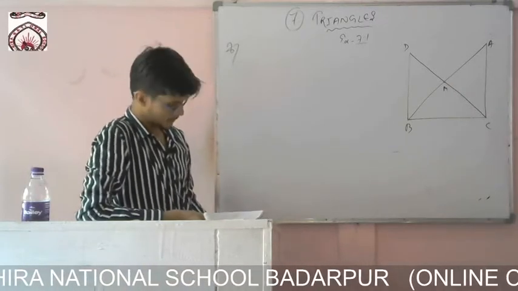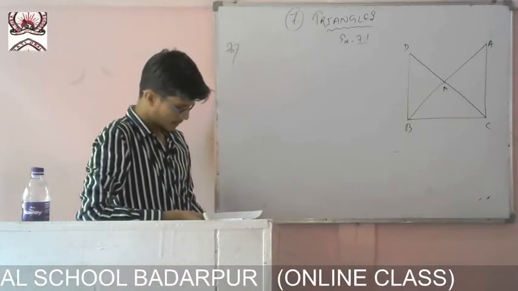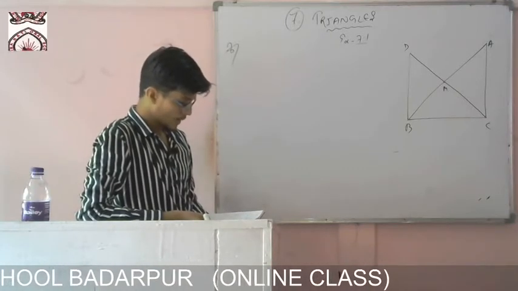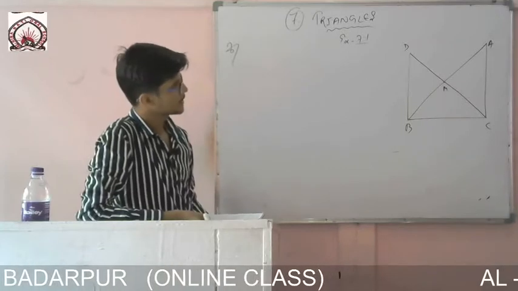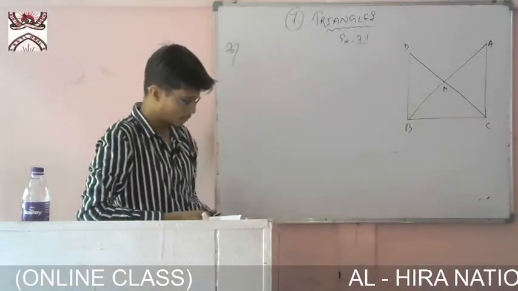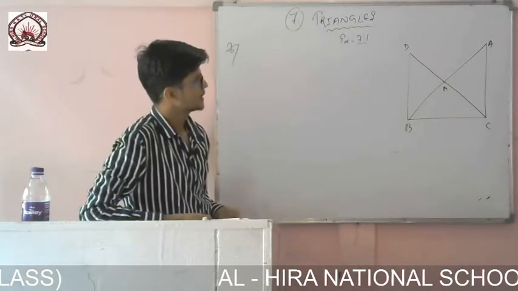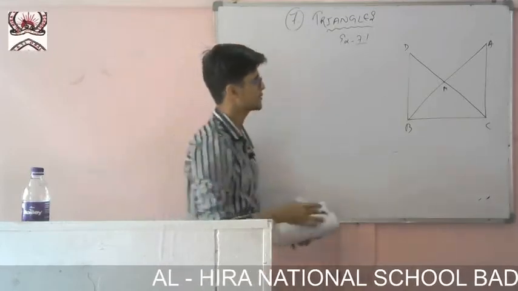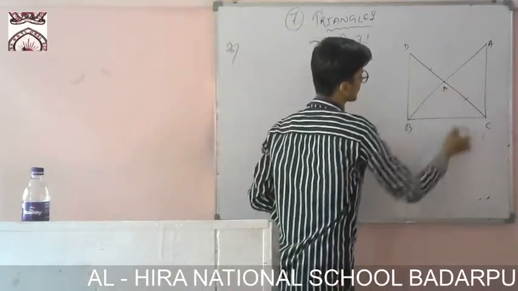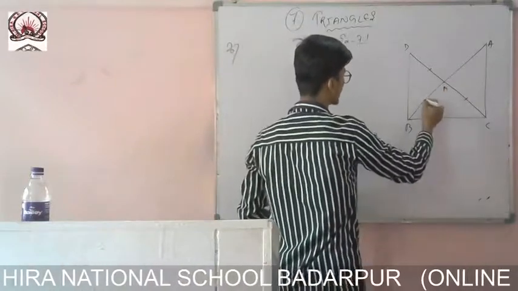That means these two lines are equal, BM is equal to AM. C is joined to M and produced to point D, such that DM is equal to CM. These two parts are also equal.